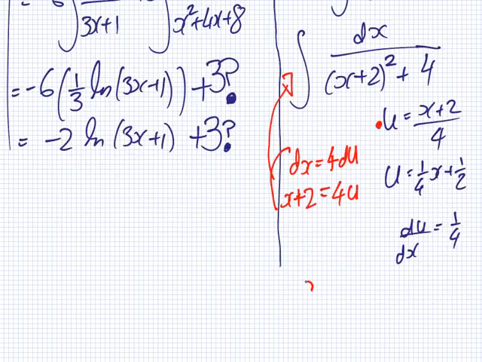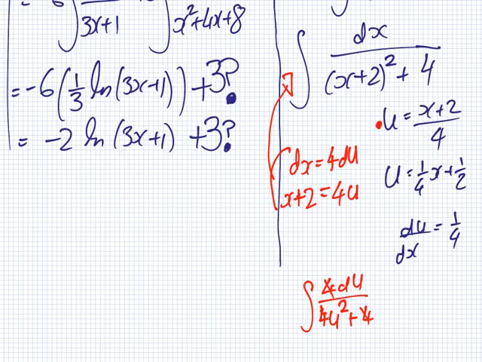I get integrate 4 du over 4u squared plus, now what's nice about this? What's in everything? 4.